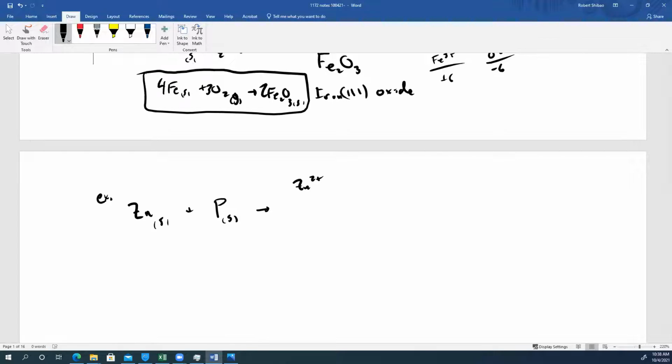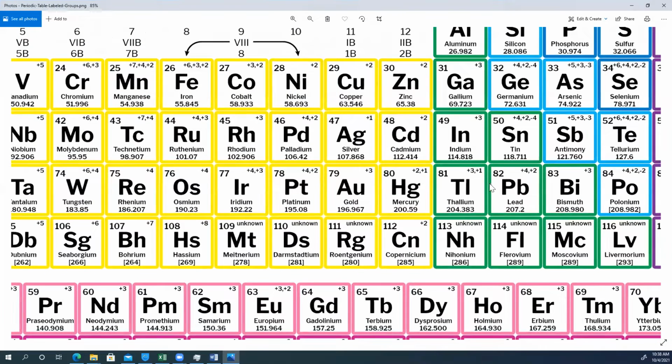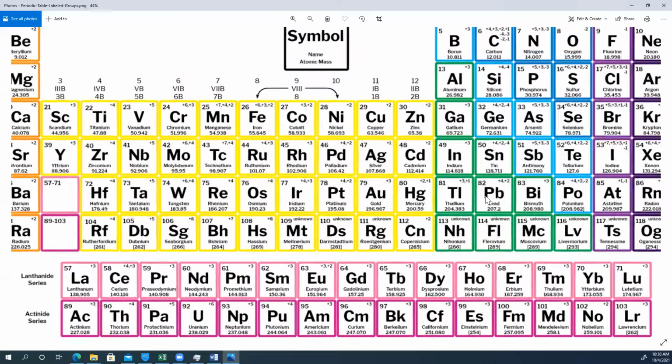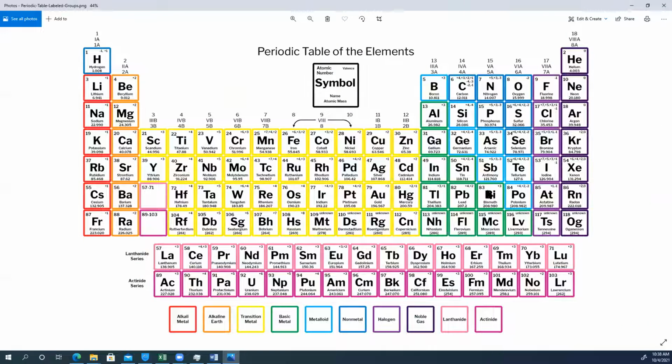If phosphorus were to gain, how many would phosphorus like? So you look at the periodic table and see. Currently, phosphorus is 15. And therefore, I'd like to gain how many to get up to 18? 3. That's good. That's correct. 3.